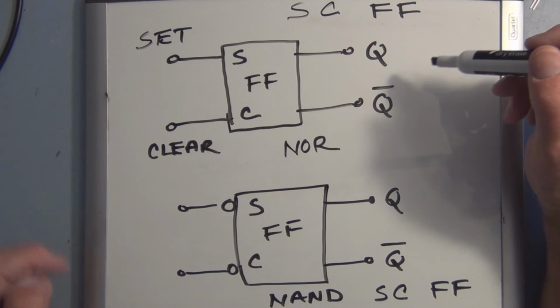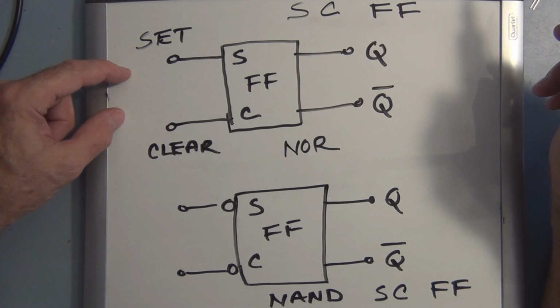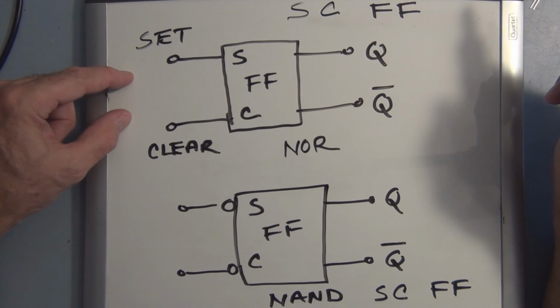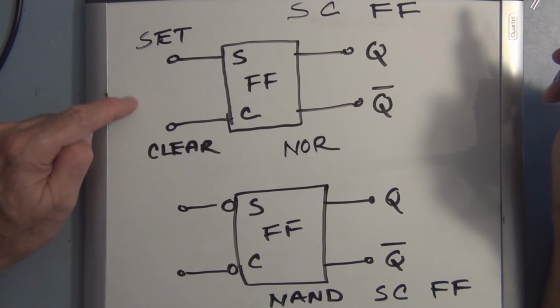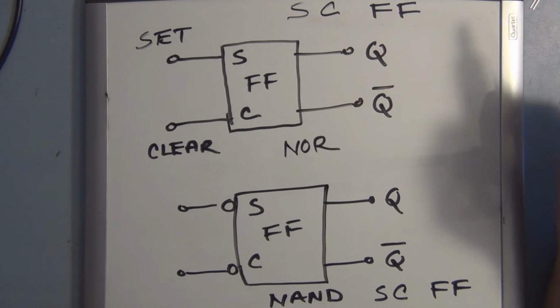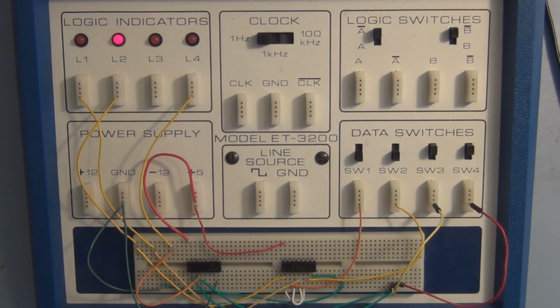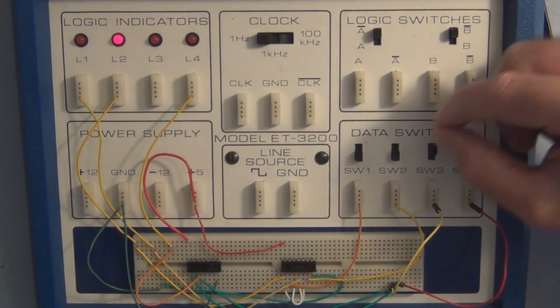And you can set that state with the correct inputs on the set and the clear. And here we have the NOR and the NAND type of flip-flop symbols. So that covers your basic flip-flop theory.